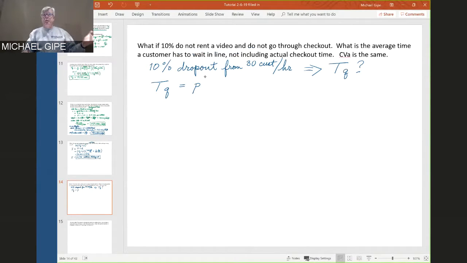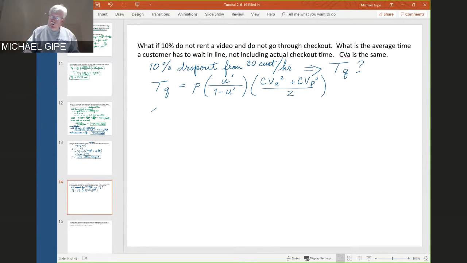I hope you don't mind, I'm going back and forth just to show you. And I'm going to use utilization prime here, because we have a different utilization, because we have 90% of those customers coming in, and we have the same variability factor here. That hasn't changed because the variability of the inter-arrival times hasn't changed. But now we have a new utilization. That's what has been impacted here.